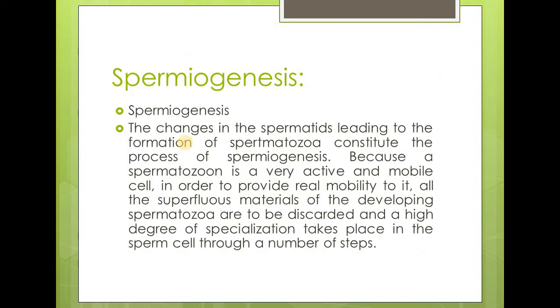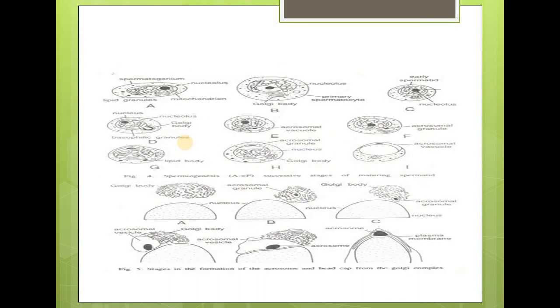Next is spermiogenesis. It is important because the changes in the spermatids leading to the formation of the spermatozoa constitute the process of spermiogenesis. Because the spermatozoon is a very active and mobile cell, in order to provide it mobility, all the superfluous materials of the developing spermatozoa are discarded, and a high degree of specialization takes place in the sperm cells through a number of steps.